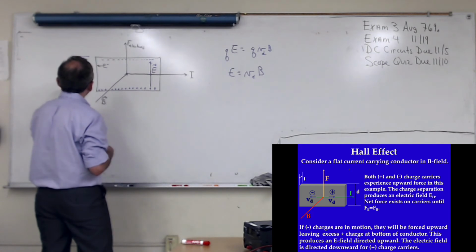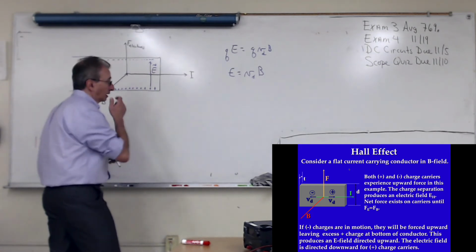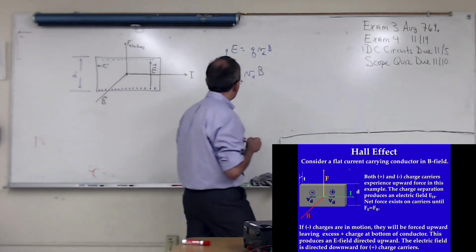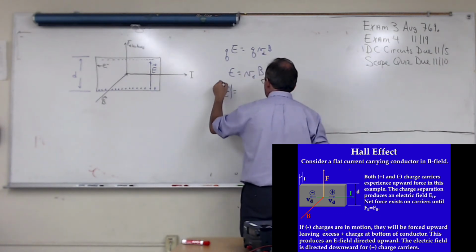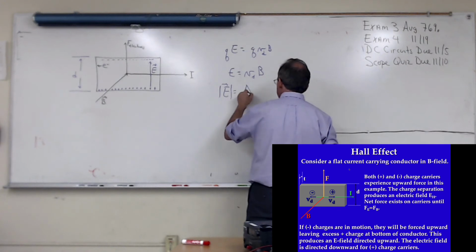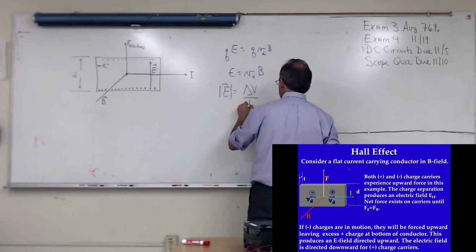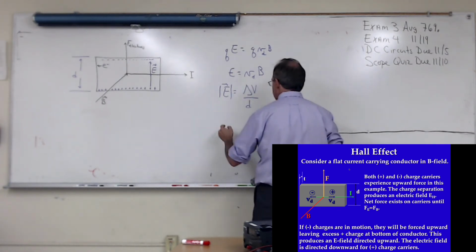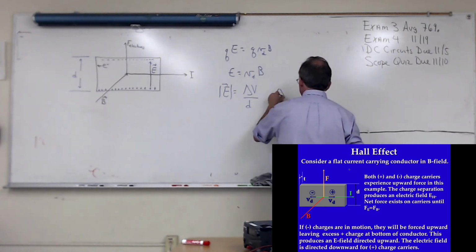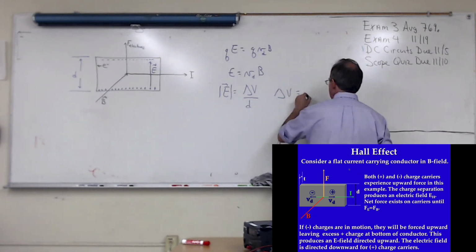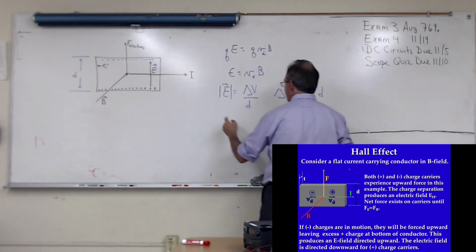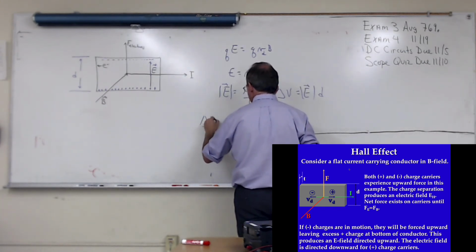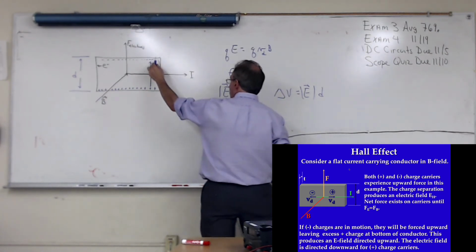If this separation is d, remember that the magnitude of the electric field, when it's uniform, is the potential difference divided by the separation. So delta V equals E times d. So we're going to have a potential difference between these two points.